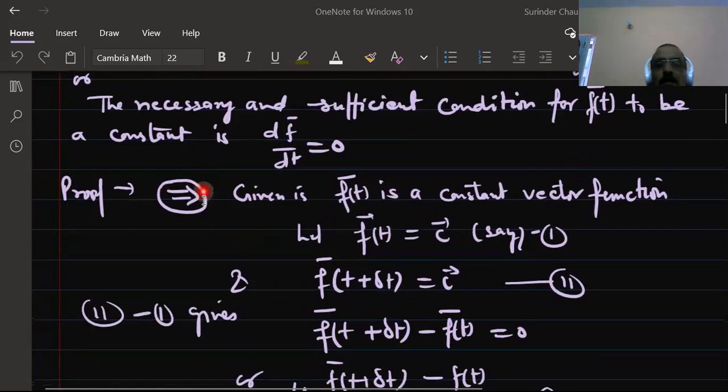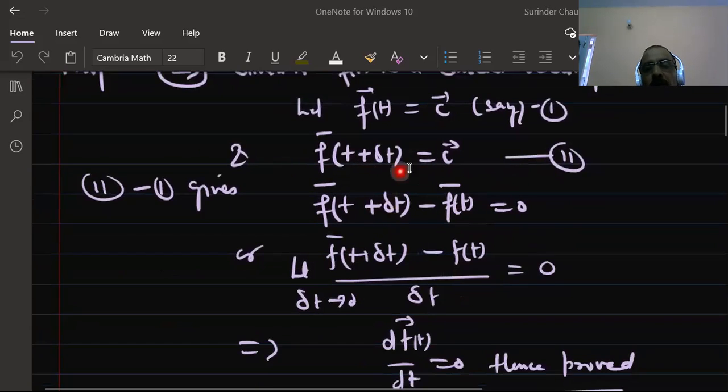Proof. Let's prove the necessary part first. Given, let us suppose that f(t) is a constant vector function. So let f(t) vector be equal to c vector. At time t, f(t) is equal to c. So f at time t plus delta t will also be c.